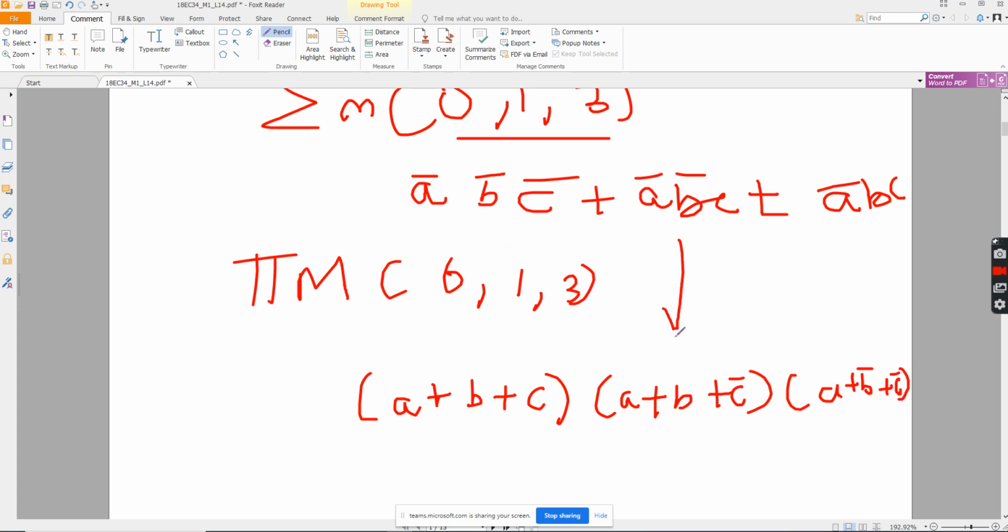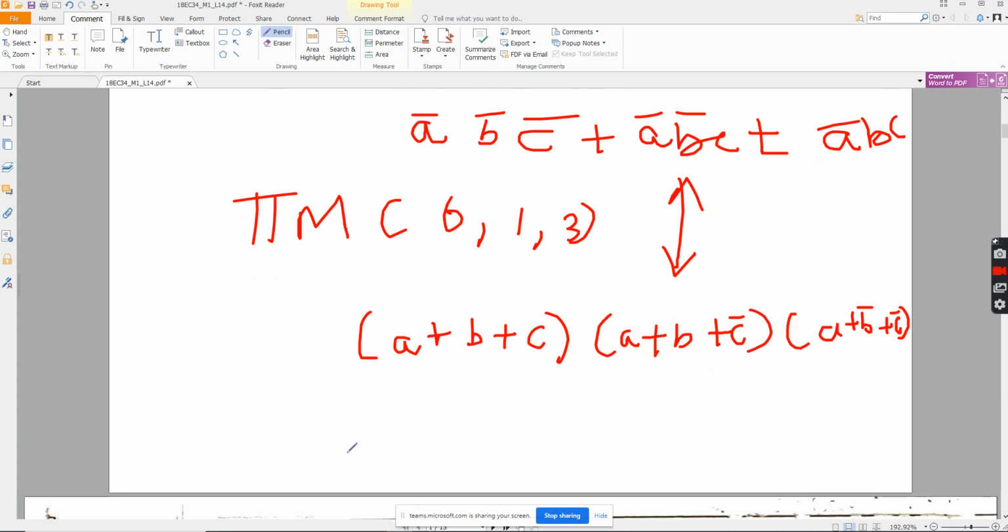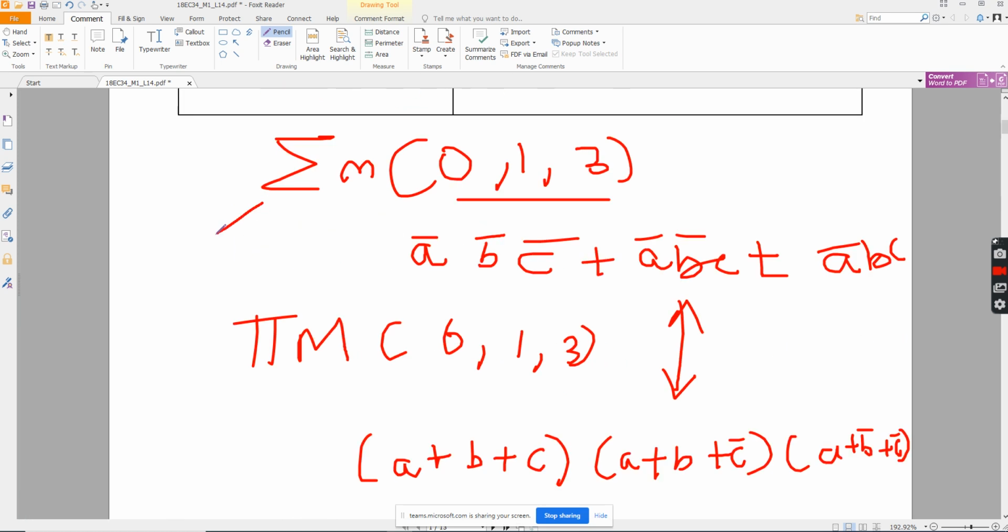Now if I want to relate these two equations, the relation is done in this fashion. In simpler terms, summation m evaluates for 1, whereas pi M evaluates for 0. So the relation between 0 and 1 is a complement.